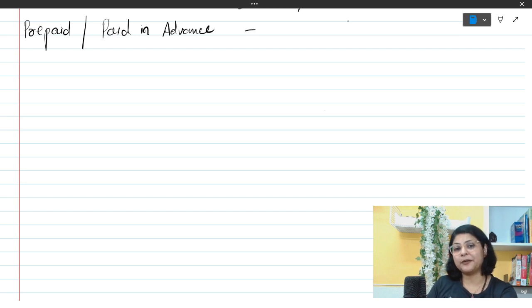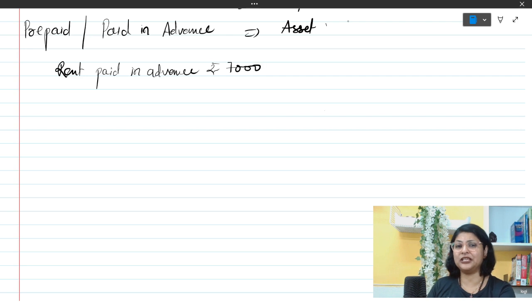So one asset is increasing, which is your advance payment, and another asset, which is your cash or bank, is reducing. So let's take an example. For example, rent paid in advance rupees 7,000. How are we going to deal with this?